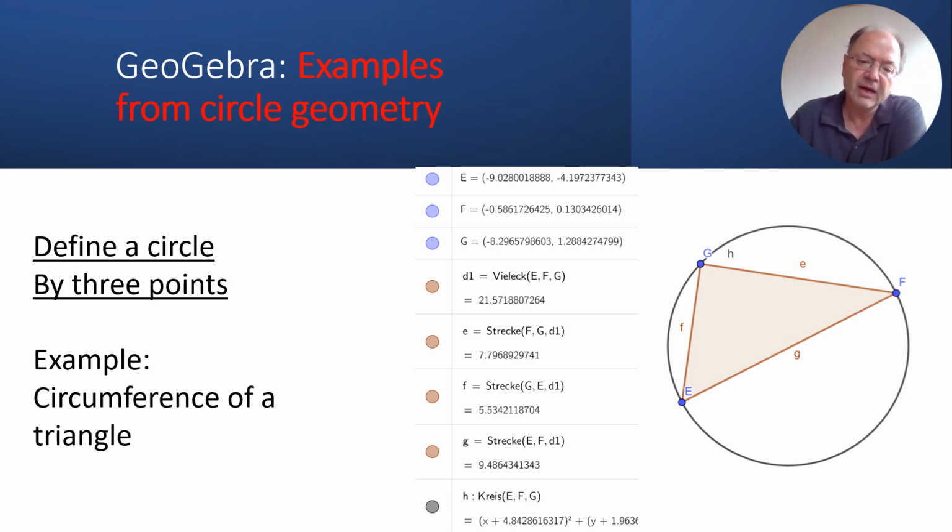So if you cut every side in half and make a perpendicular line on the side, all these three perpendicular lines intersect in one point, and that is the center of the circumcircle. That's a basic geometric theorem about that.